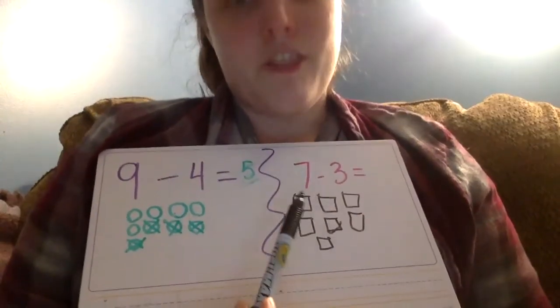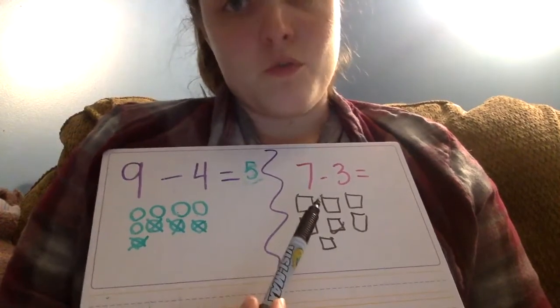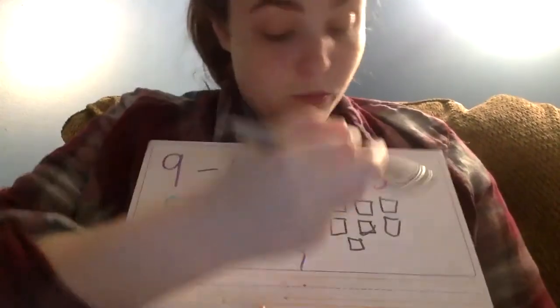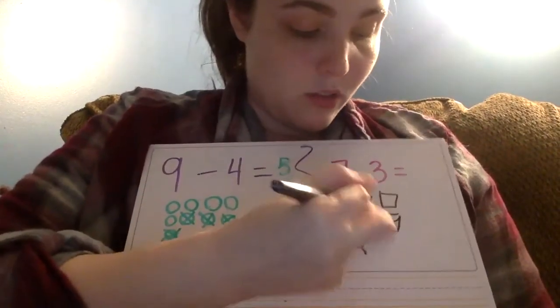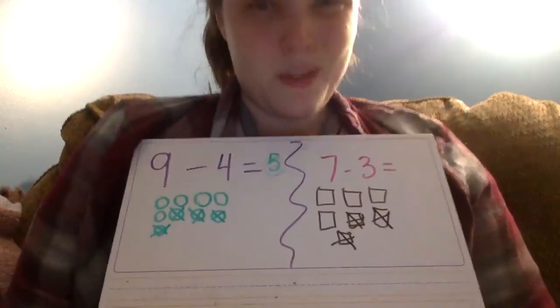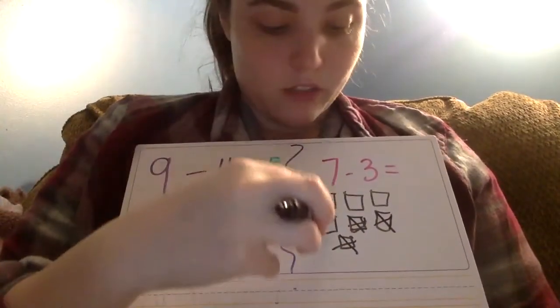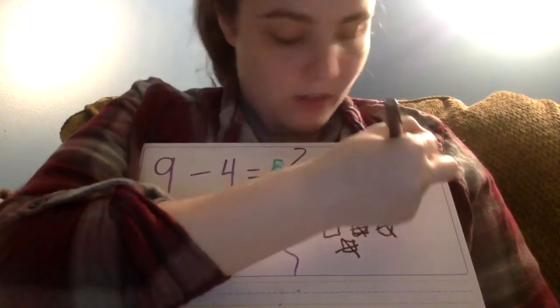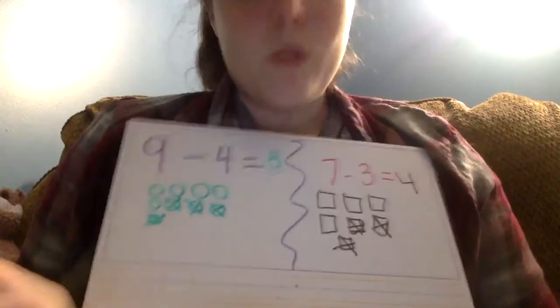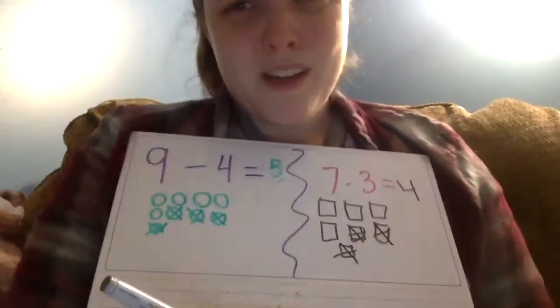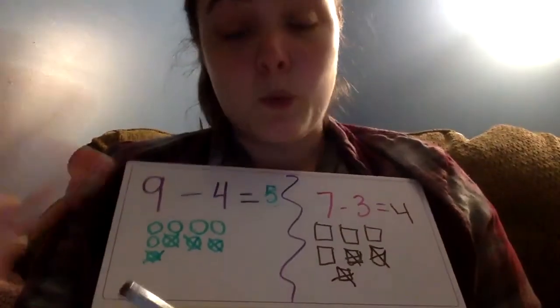And I'm going to give 3 to my brother. So I'm going to X out 1, 2, 3. How many brownies does Mrs. Carmody have left? Count. 1, 2, 3, 4 brownies is what Mrs. Carmody has left. So we can do that with apples, we can do that with brownies, we can do it with toys, we can do it with lots of things.